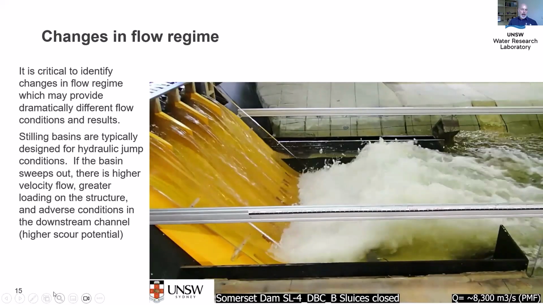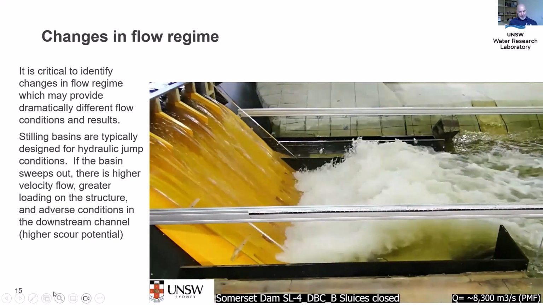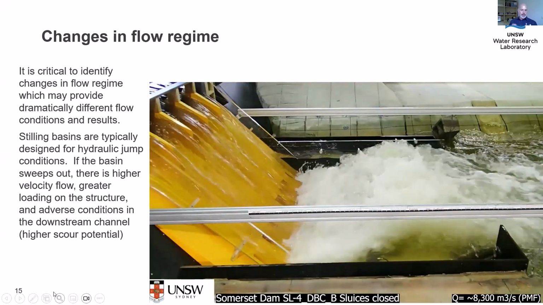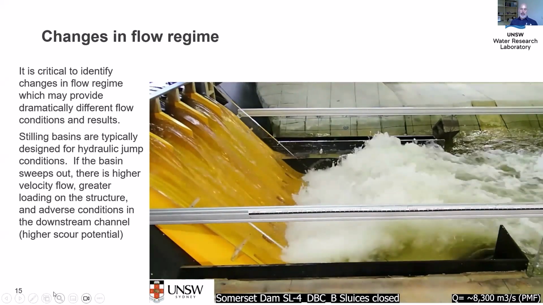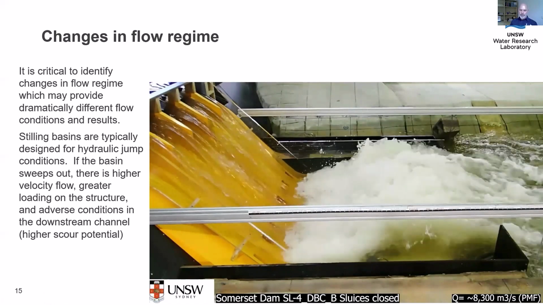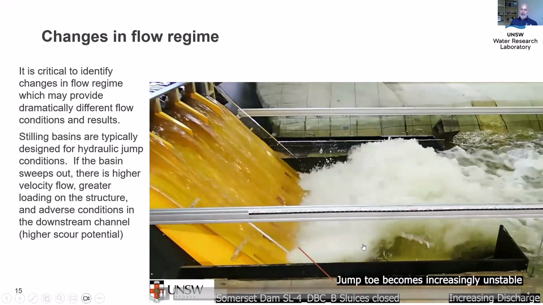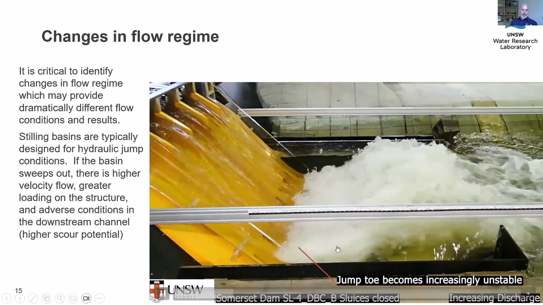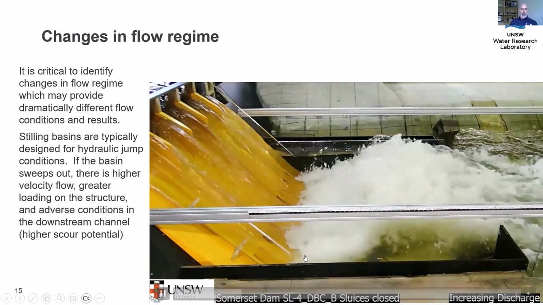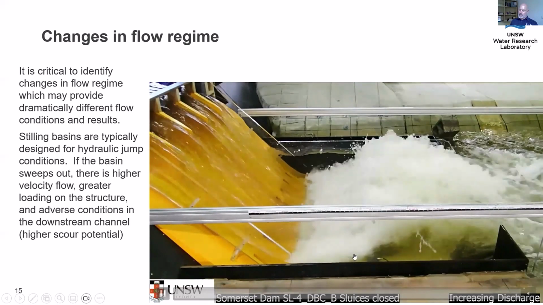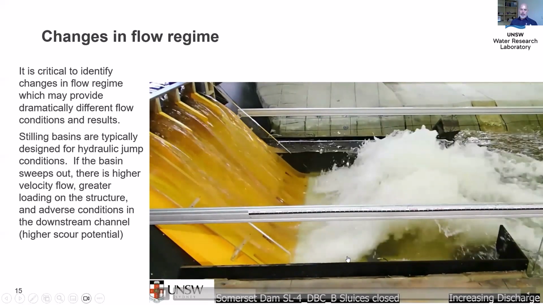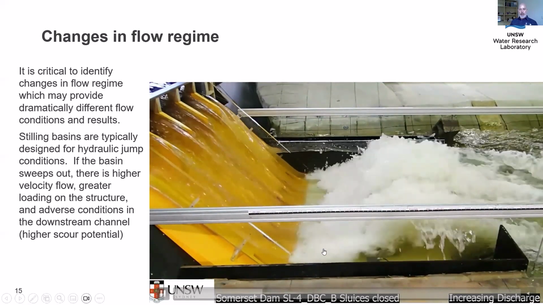Another similar kind of transition between flow cases is this stilling basin here in a dam. We've got flows coming down our dam, going into this hydraulic jump, which is very effective at dissipating energy. And as you see the flows increase, and this is not a large increase in flows, a small increase in flows can change this.